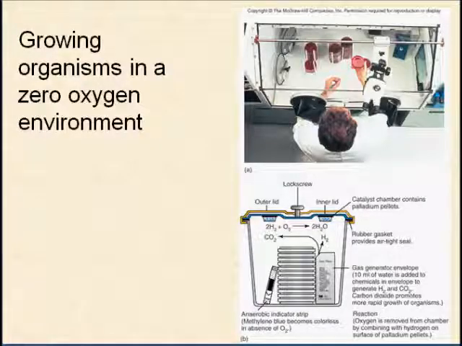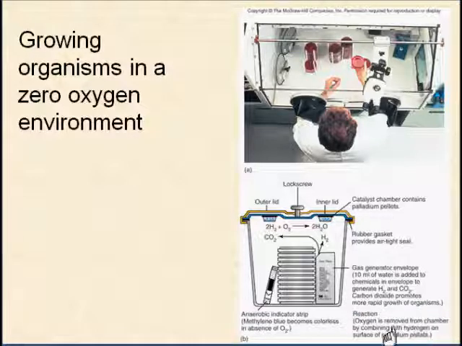Now, there are some microorganisms that have to have a zero oxygen environment, and what we do is put them in a chamber, lock the chamber down. There can be a gas generator envelope which is added, and they will release carbon dioxide and hydrogen gases.